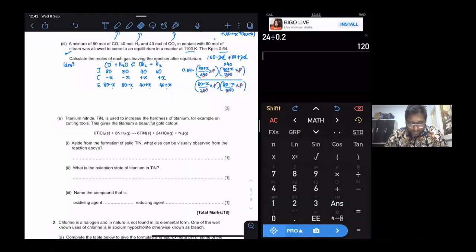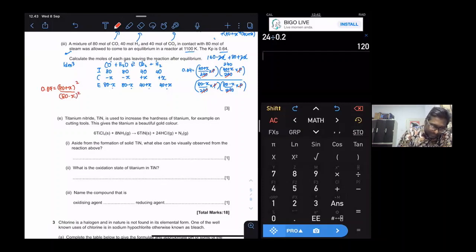So here, just now, I'll just add some more. If I want to continue, let's say 0.64 equals to, if I cancel and so on, I will get 40 plus x to the power of 2 divided by 80 minus x to the power of 2.